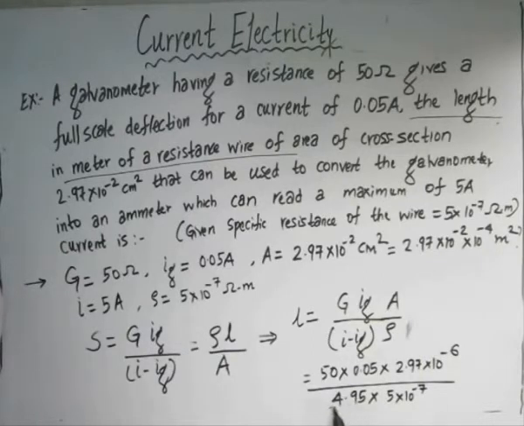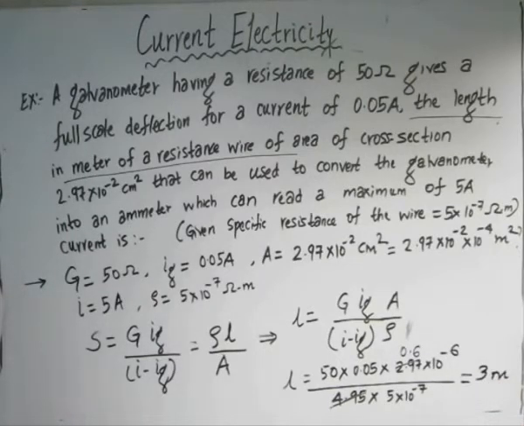Now we can approximate this to 5 and this to 3. This would give us nearly around 0.6. After solving this, we get the length as approximately equal to 3 meters.